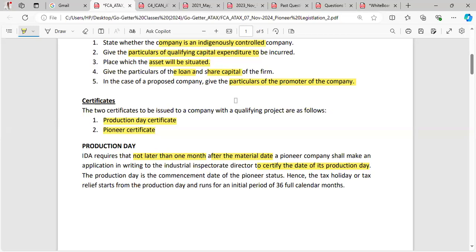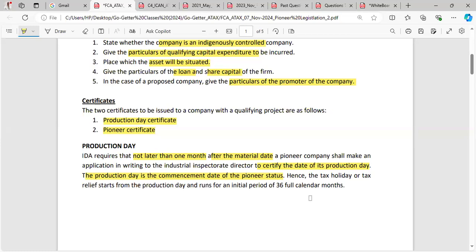It will be filed, and when it is certified, the production day is the commencement date of the pioneer status. So that material date is the commencement day of the pioneer status. So it's important to have that date. And in every ICAN question, that material date will be given to you. Okay?